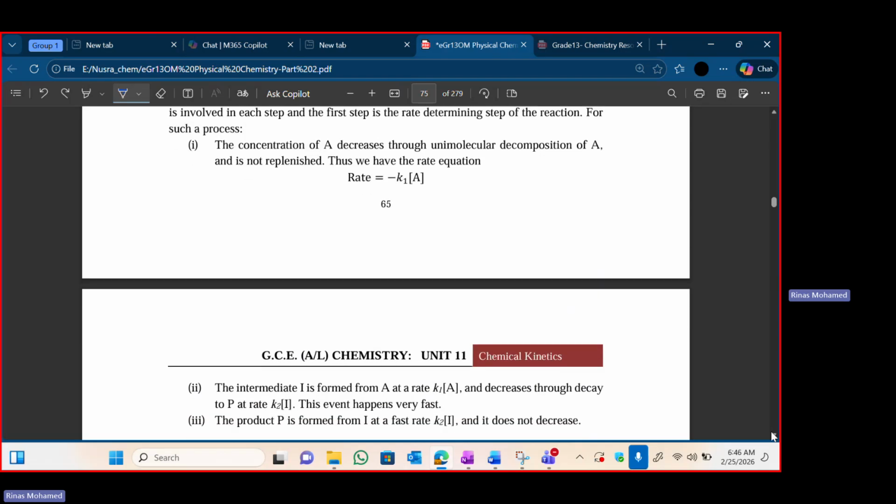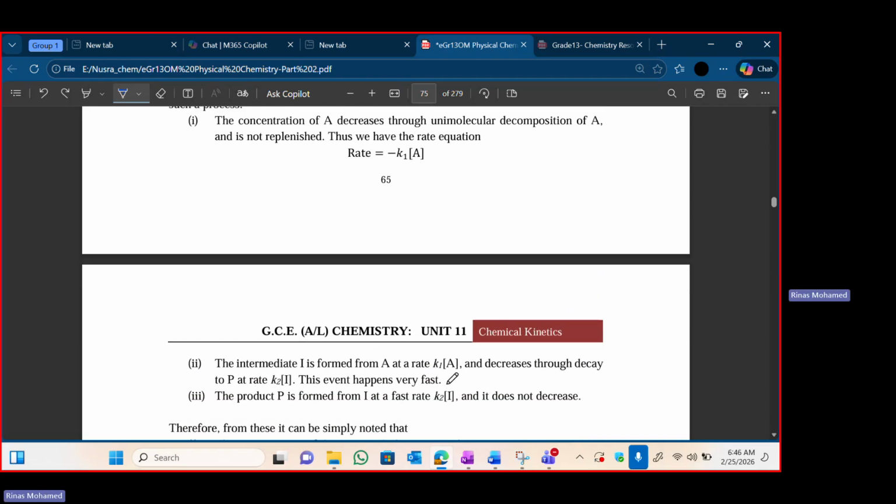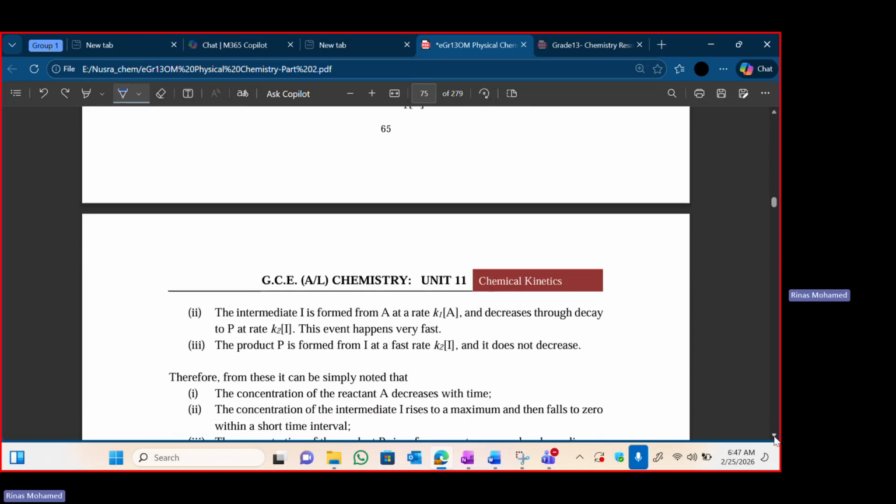For the second step, you can write down R2 equals K2 into the reactant for the second step, which is the intermediate I. So K2 into I. Likewise, you can write down.